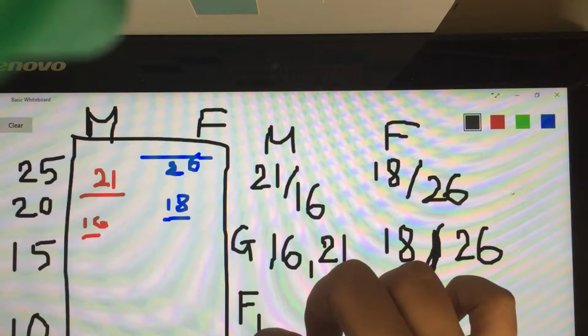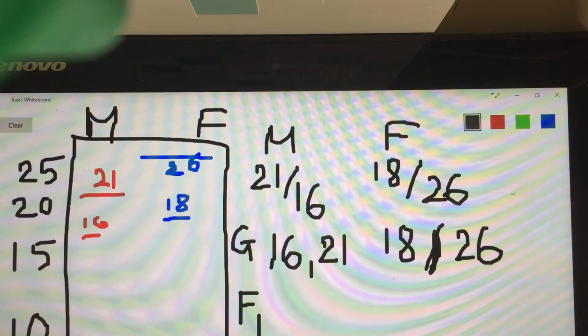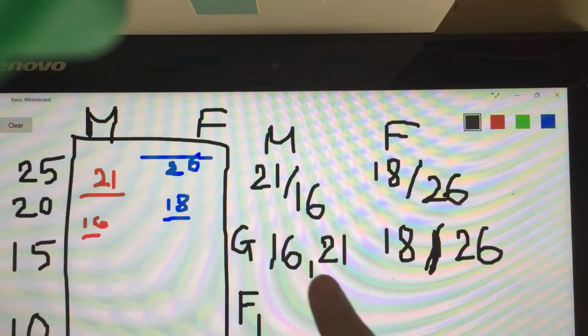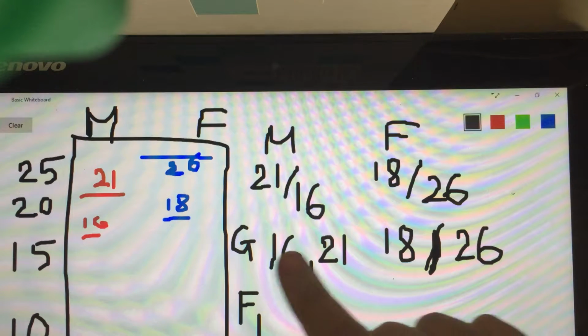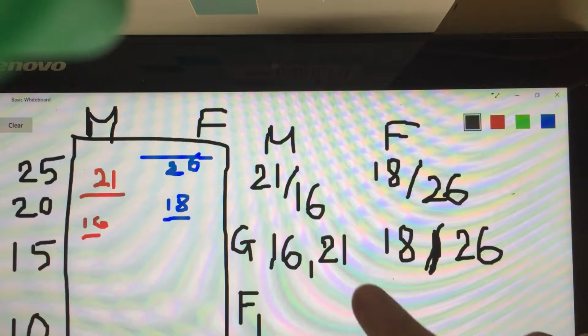So, and as I was saying, there's no linkage, so it's just independent separation. So one half of the gametes would be 16 repeats and one half of the gametes would be 21 repeats.